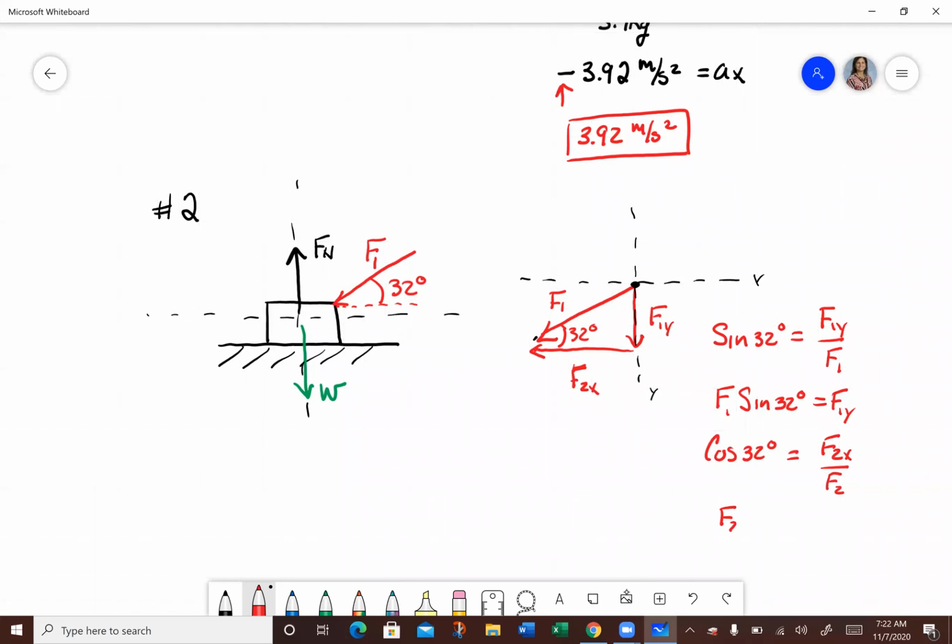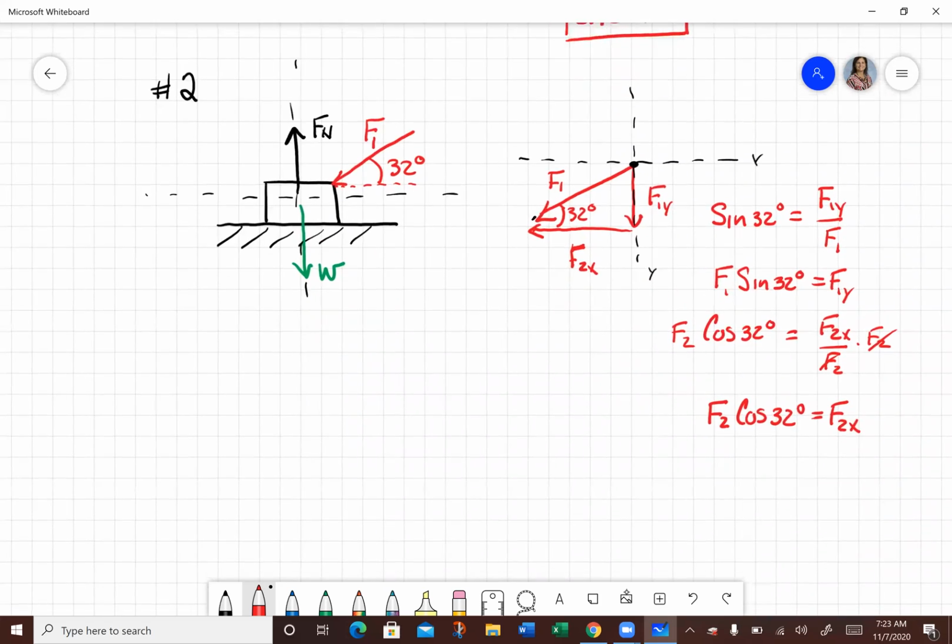So F2 times the cosine 32 is equal to F2x. I get that by multiplying both sides by F2, of course, right? It cancels over here, and it gets my F2x by itself.